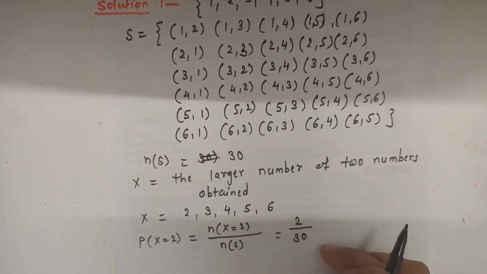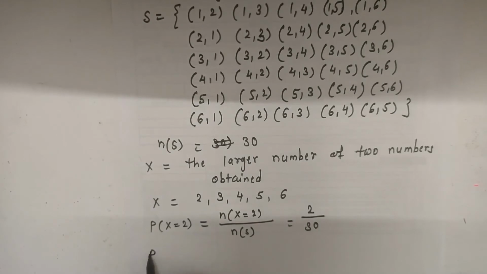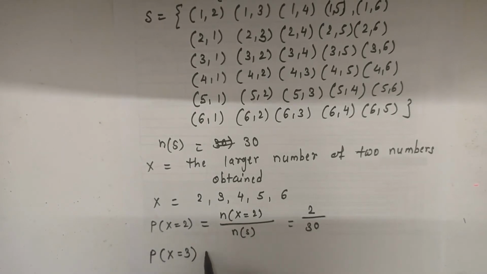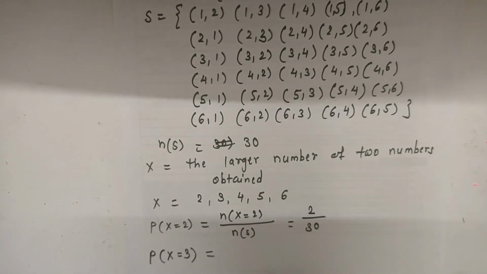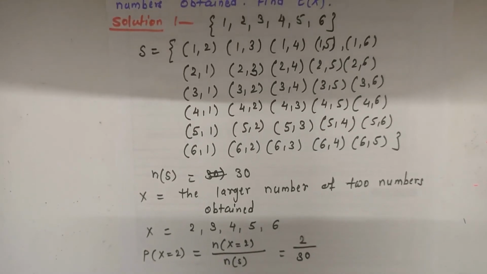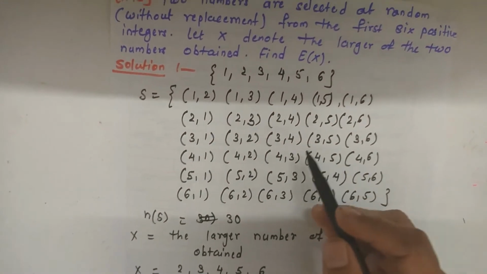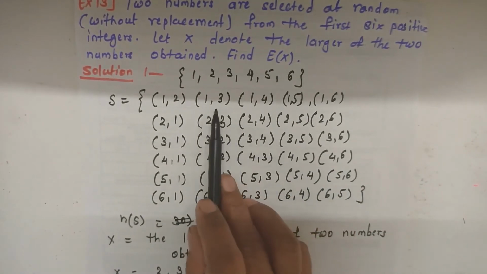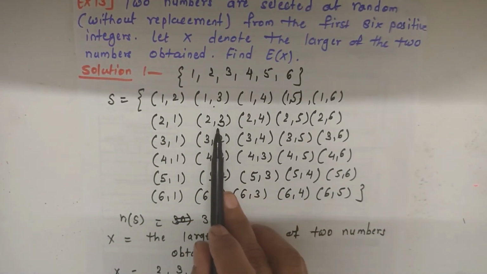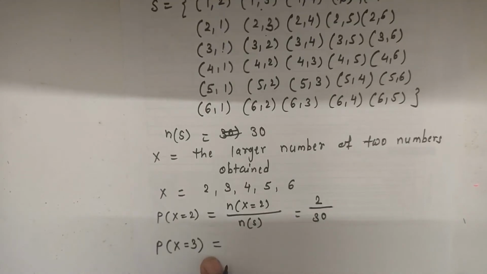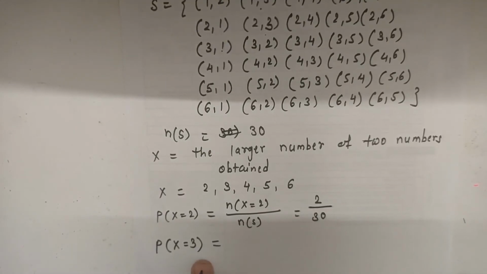2 upon 30. Now the next possibility, x is equal to 3. Here also we have to find where the number 3 is larger. So the possible pairs are 4 in number. X equal to 3 means 3 is larger in 4 ordered pairs.